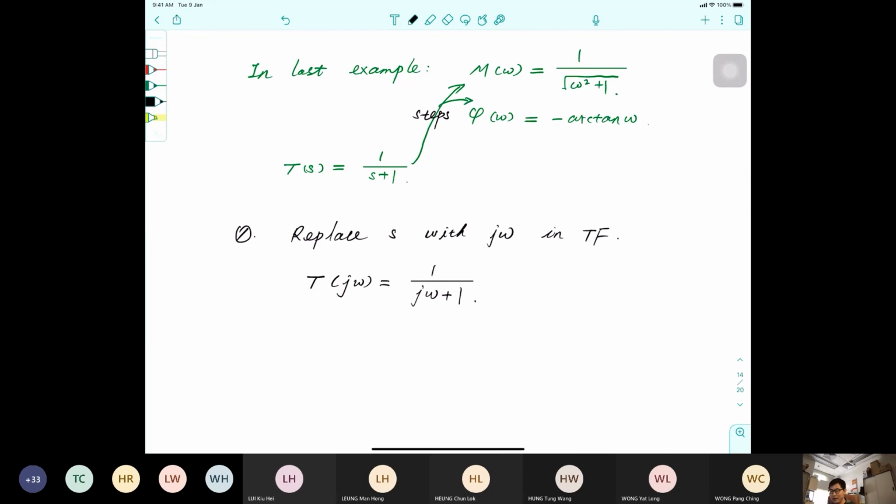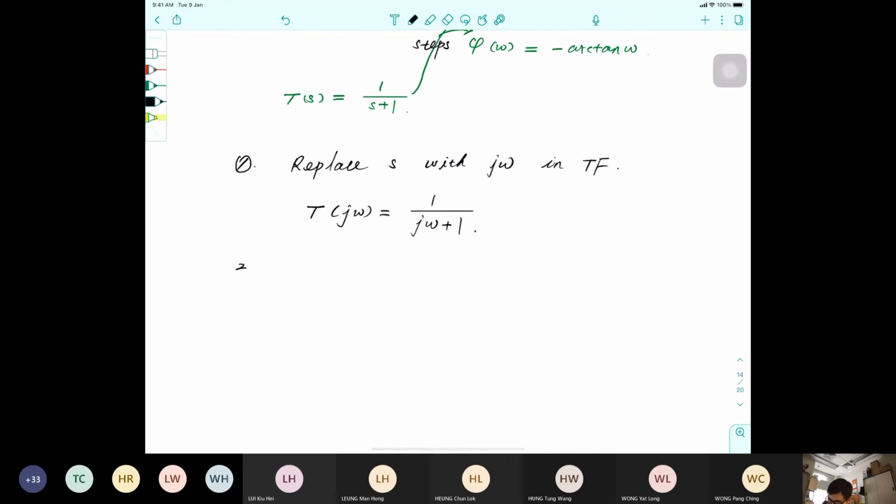Okay. Replace s with j omega in the transfer function. Step 2. M(omega) equals the absolute value of T(j omega).